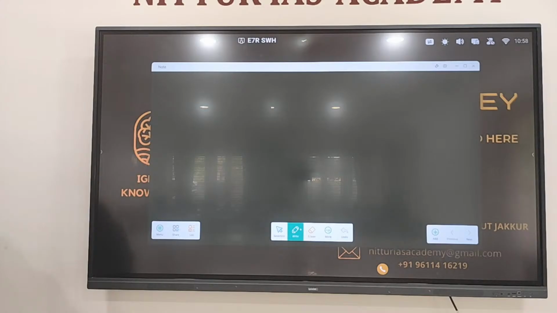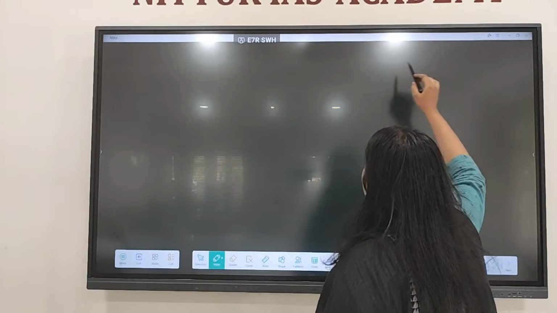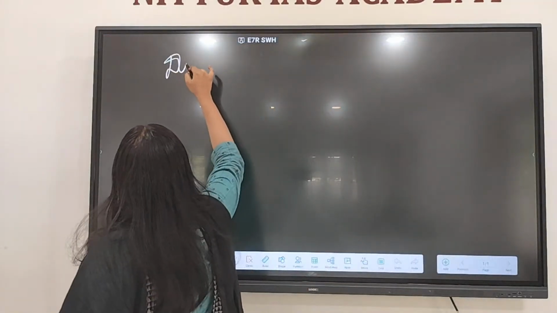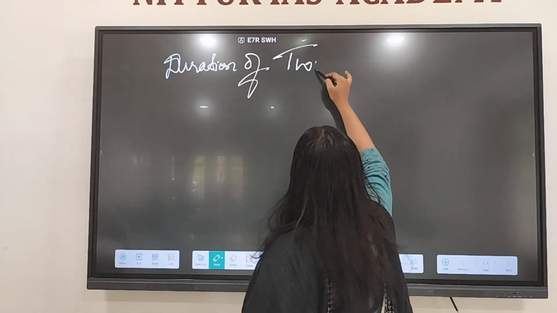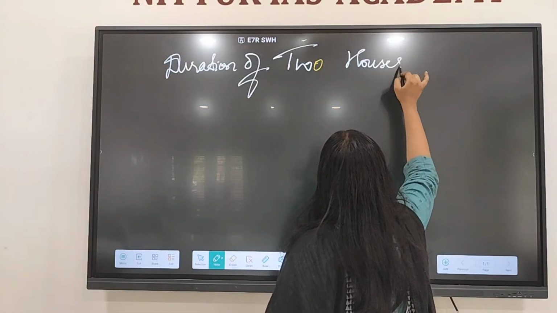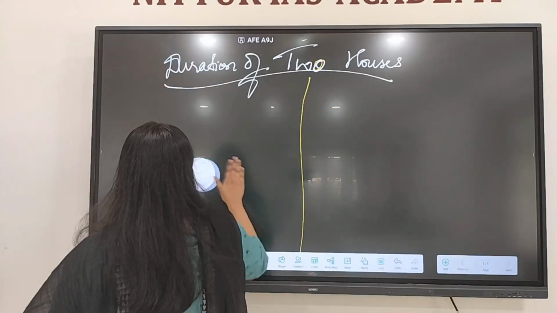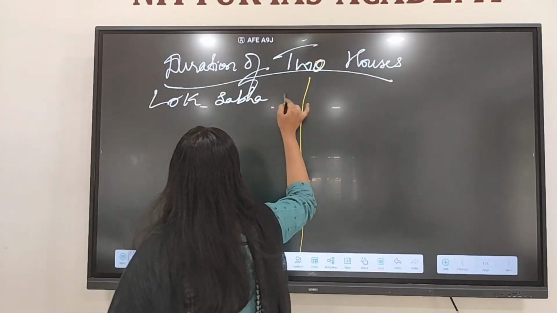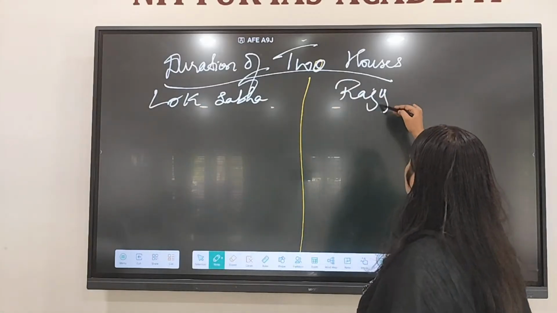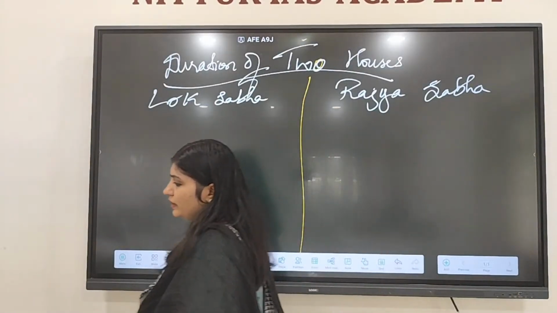Duration of two houses. Just write down: duration of two houses, that is for Lok Sabha and Rajya Sabha.